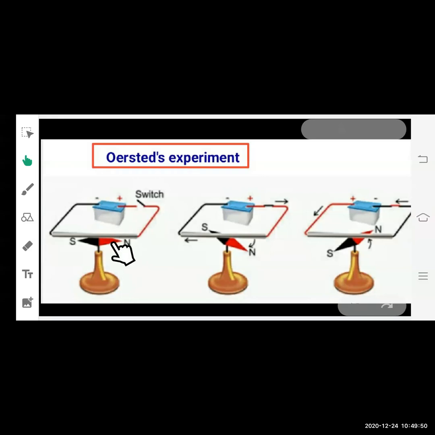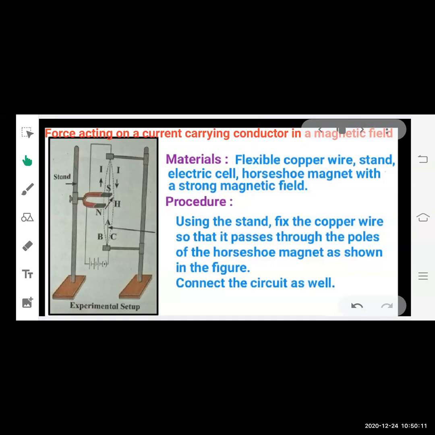Similarly, this magnetic needle, because it is made up of a magnet, also has a magnetic field around it. So this magnetic field also exerts force on the conductor, right? So based on this, we are going to study how a force is developed on a current carrying conductor when it is kept in a magnetic field.